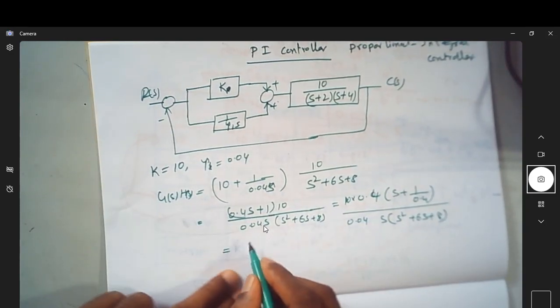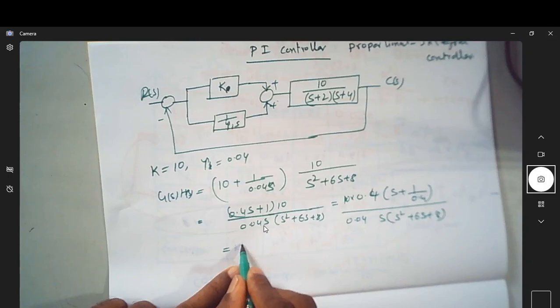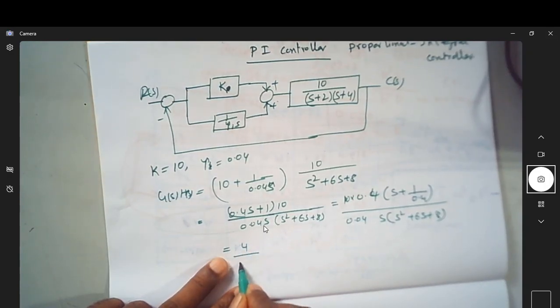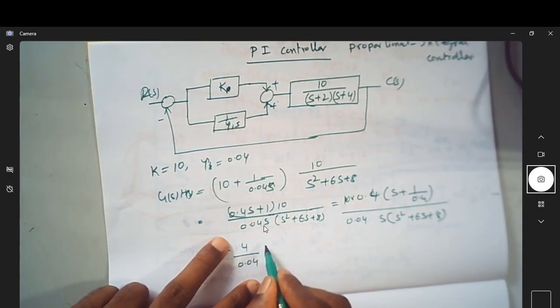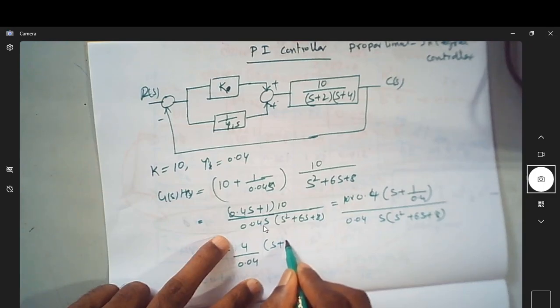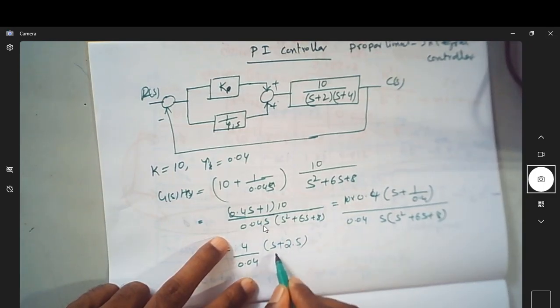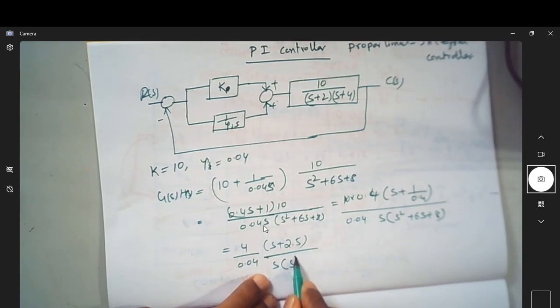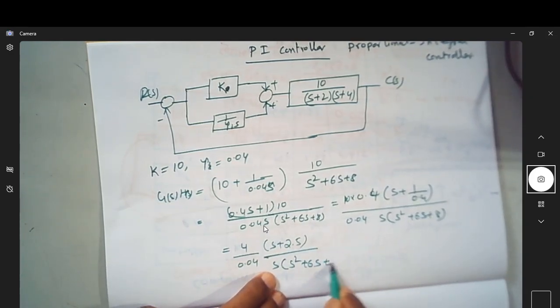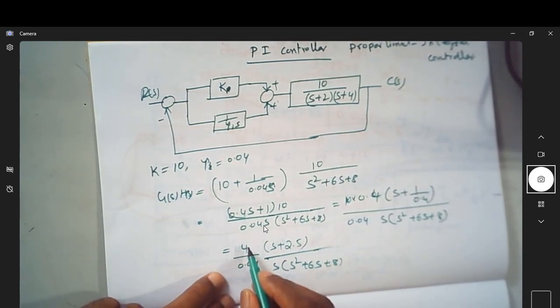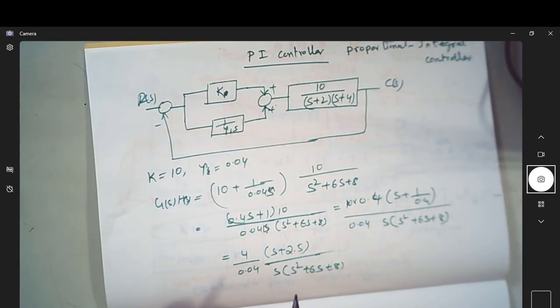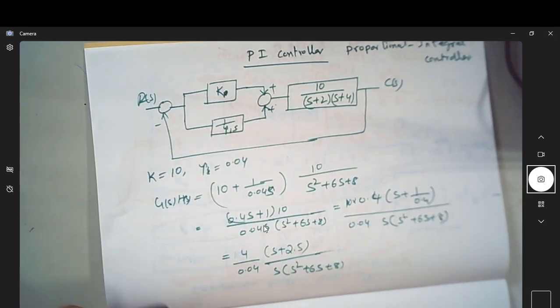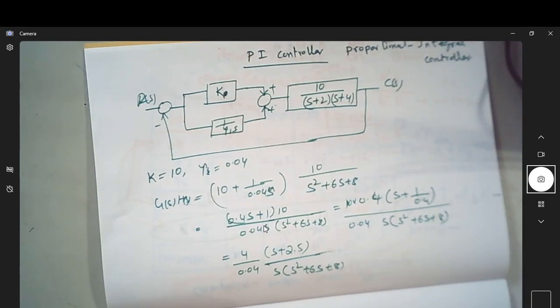So here it is 4 divided by 0.04, and s plus 1 over 0.4 is 2.5, and this is s into s square plus 6s plus 8. Correct? So what is 4 by 0.04? 4 divided by 0.04 is 100.